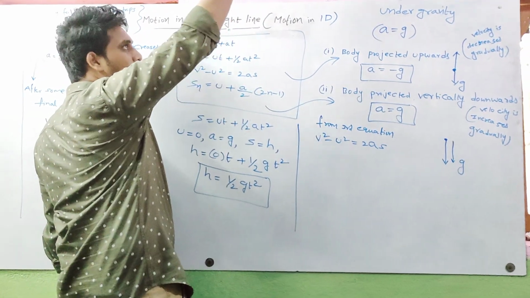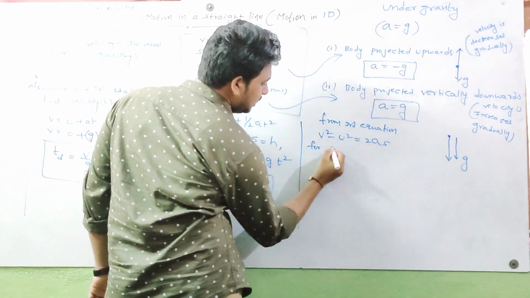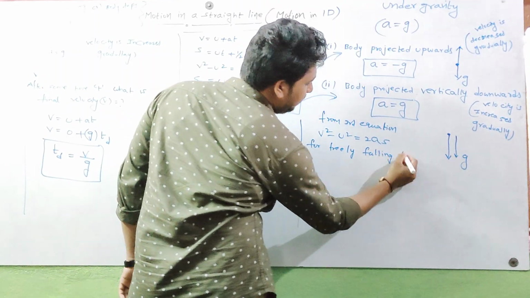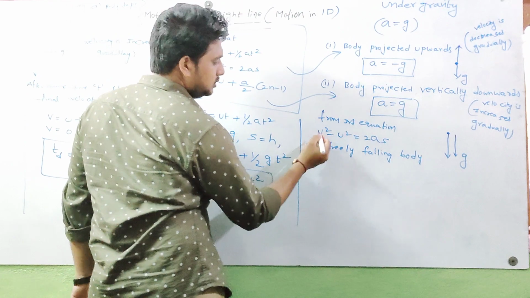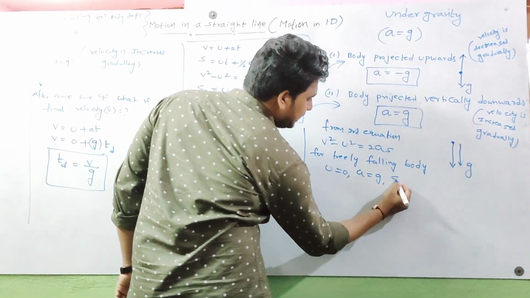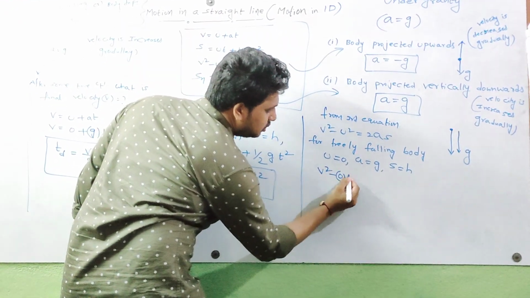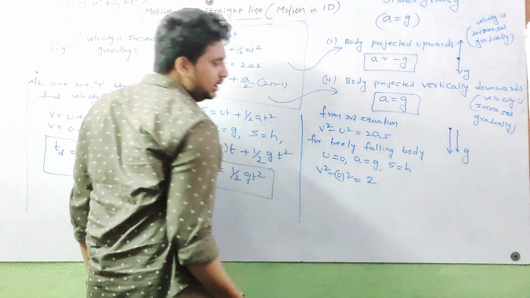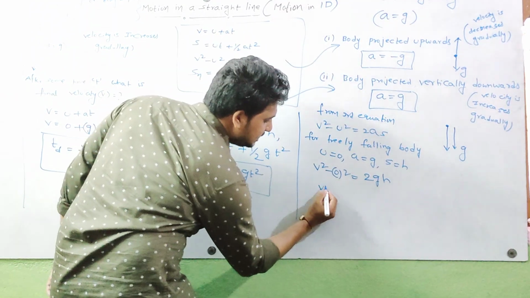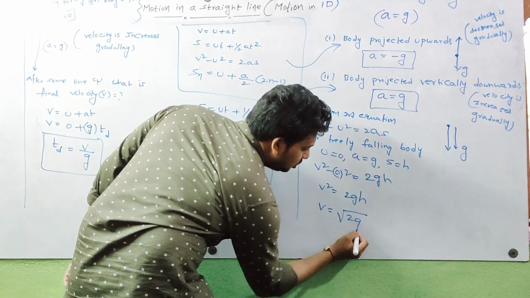Whenever a body is projected vertically downwards or is a freely falling body, we should consider U is equal to 0, A is equal to G, S is equal to H. Then substitute here: V square minus 0 square, because U is equal to 0, is equal to 2 into A, which is G, into S, which is H. Then V square is equal to 2GH. Then V is equal to root 2GH.